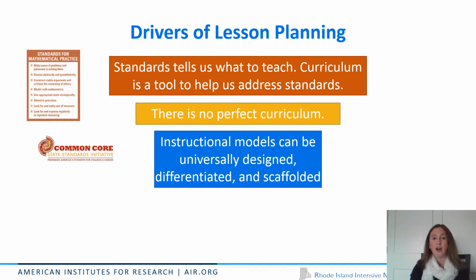Instructional models often provide a structure for teaching the curriculum, but could be universally designed or further differentiated or scaffolded to meet all students' needs. We'll talk more about these concepts as we move forward. Essentially, curriculum is not synonymous with instruction.